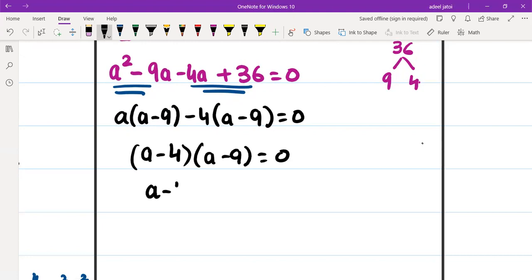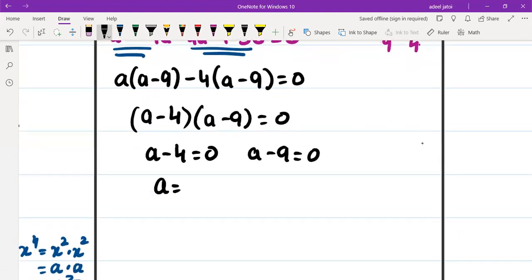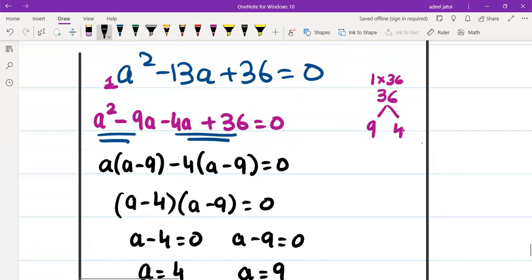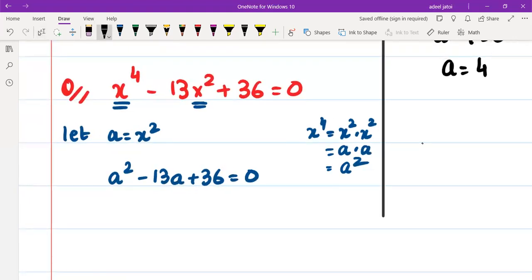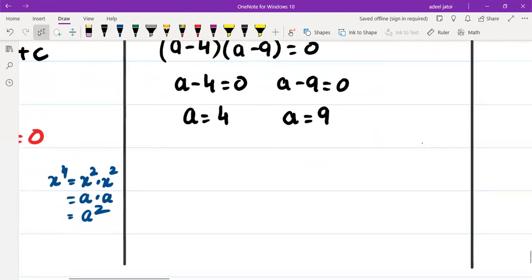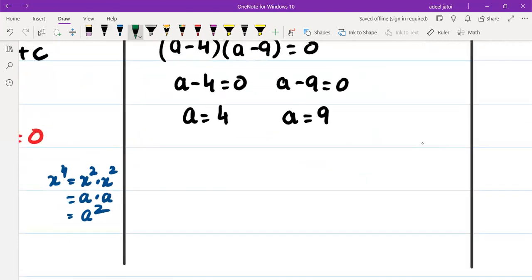This can be written as a minus 4 is equal to 0 and a minus 9 is equal to 0. So a is equal to 4 and a is equal to 9. But we took a as x squared, so we will change it back. x squared is equal to 4 and x squared is equal to 9.